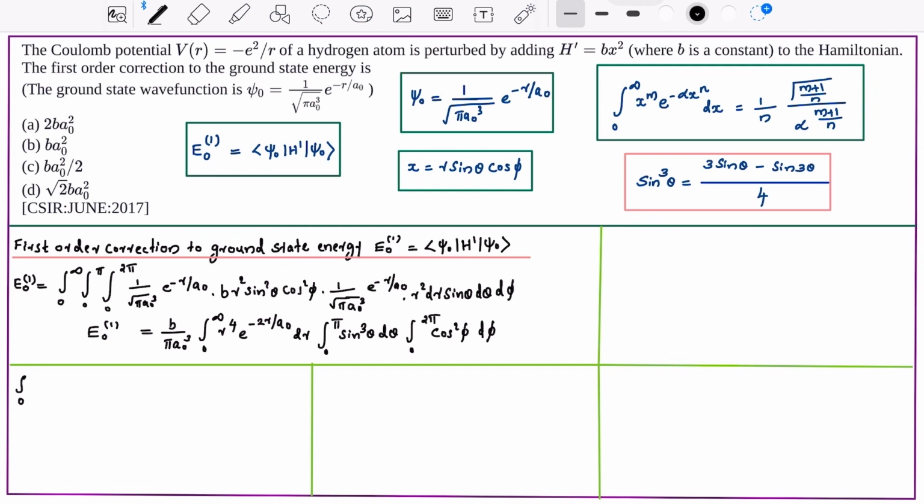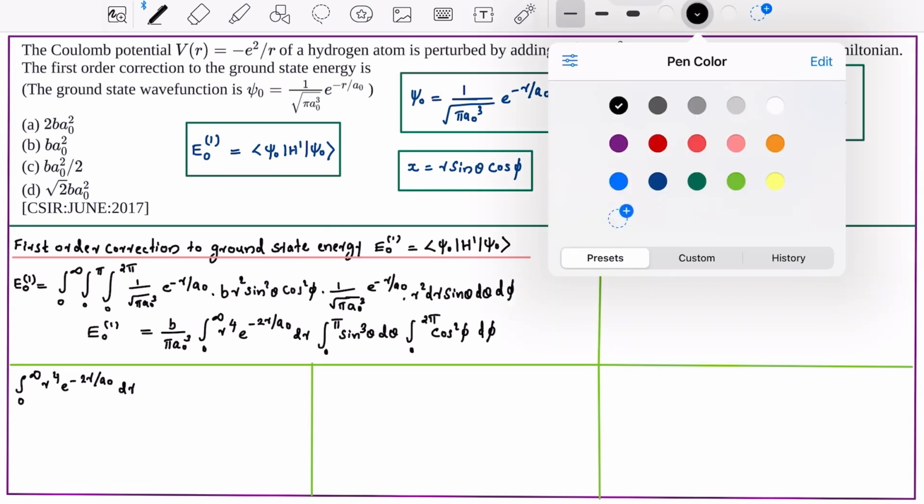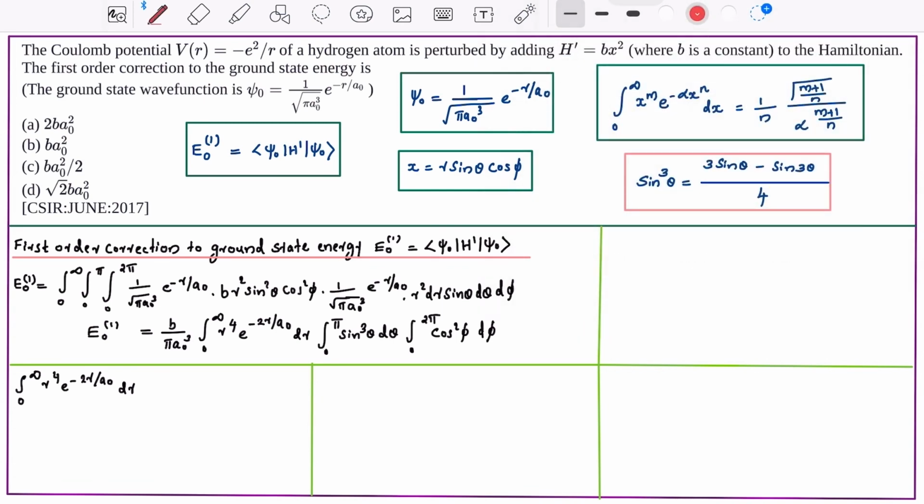First, let us evaluate the integral 0 to infinity of r⁴ e raised to minus 2r by a0 dr. Now it is of the form integral 0 to infinity x^m e^(-alpha x^n) dx, so use the standard formula. In the given example, m is equal to 4, n is equal to 1, and alpha is equal to 2 by a0.